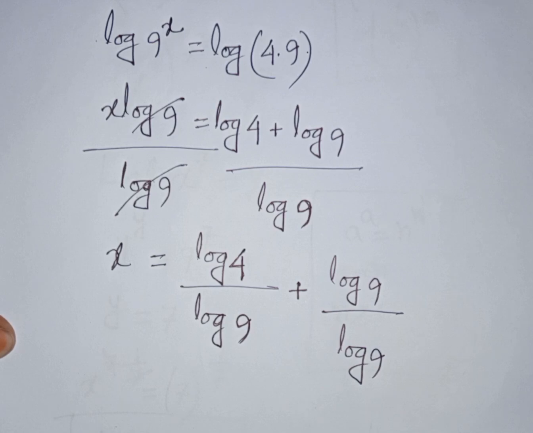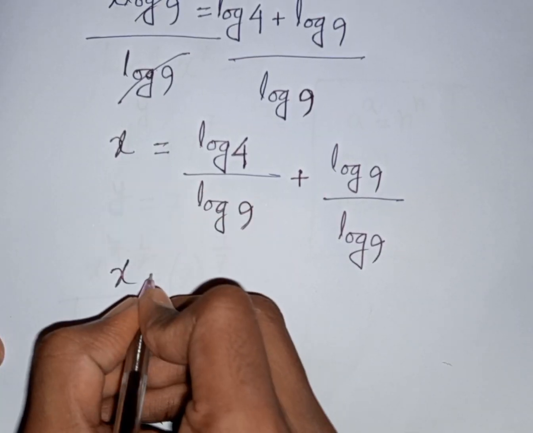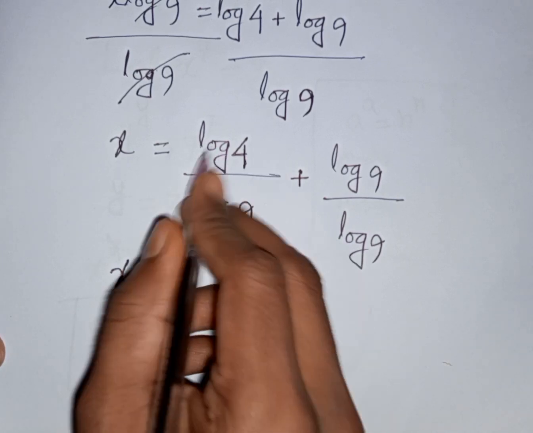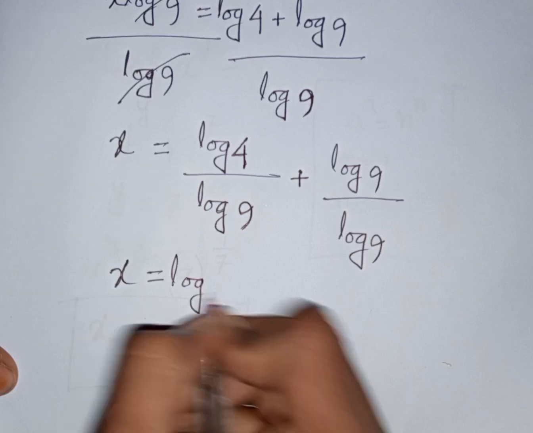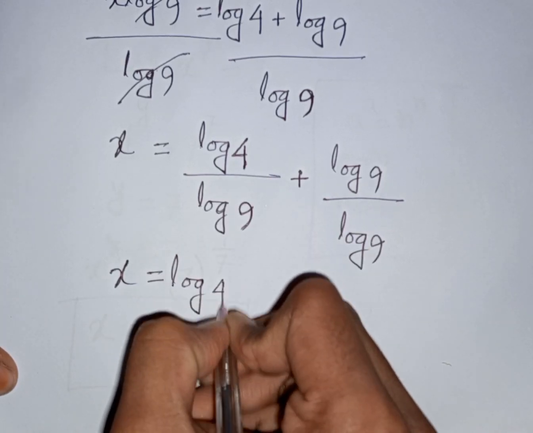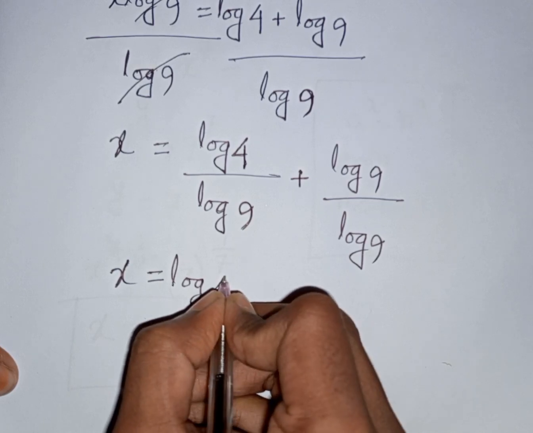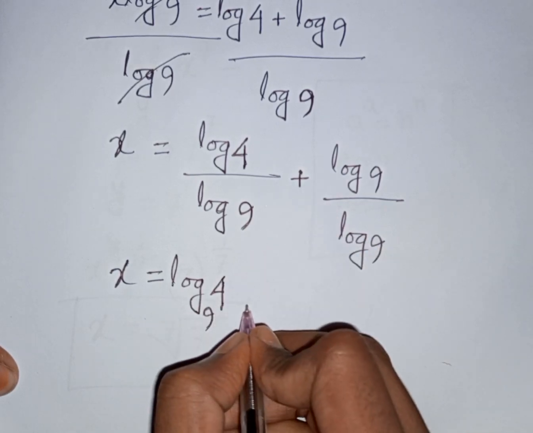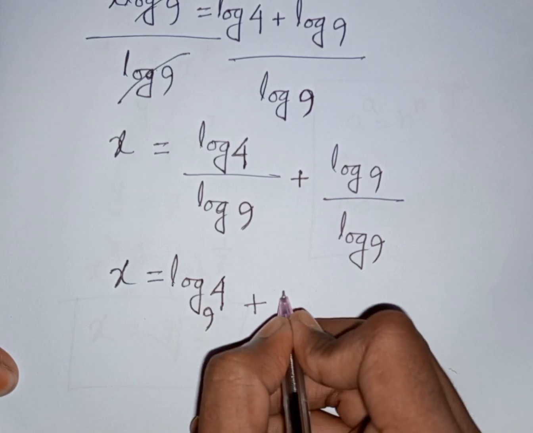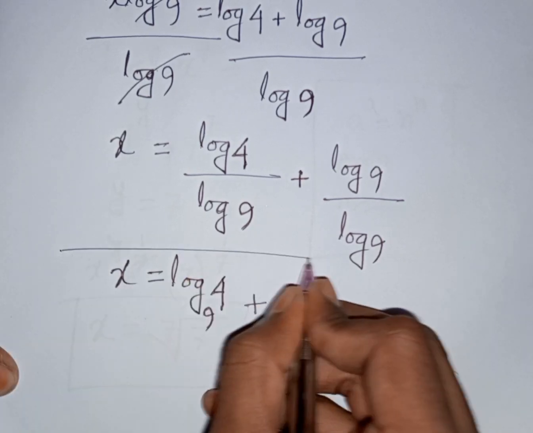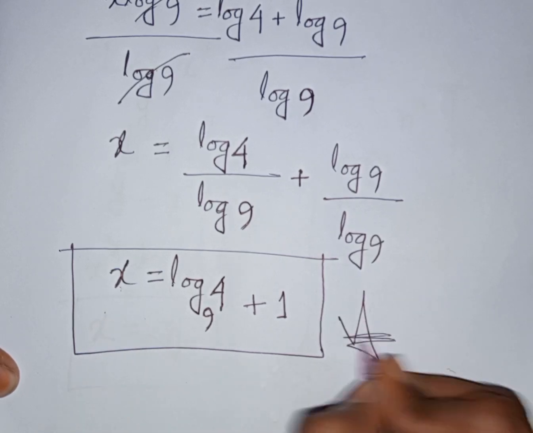Now I can write x is equal to log 4 over log 9, which can be written as log 4 base 9, then plus log 9 divided by log 9, that means it will be 1. So this is the value of x, so this is our final answer.